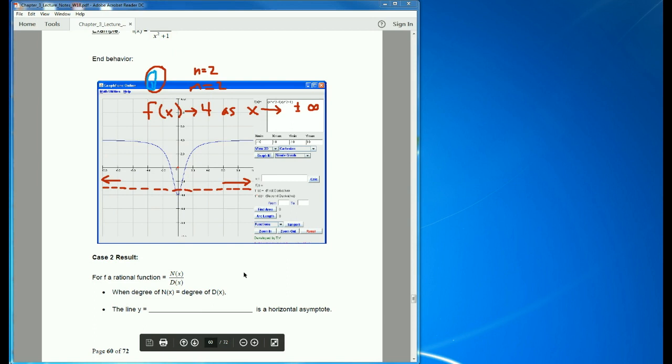If f is a rational function, when the degree of the numerator is equal to the degree of the denominator, then the line y equals a sub n divided by b sub m, or in other words, the coefficient of the leading term divided by the coefficient of the leading term, is going to be the horizontal asymptote. So again, in this case, that was a 4 divided by 1.